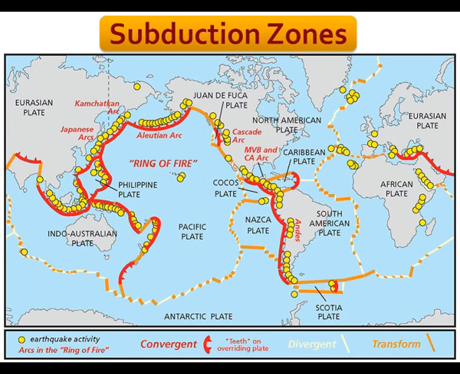The yellow circles indicate the earthquake zones in the world, and the red-colored dentate marks indicate the subduction zones. The Indian plate in fact underwent subduction and collision, and there is the overriding of the plates on one another. That is the reason the formation of the Himalaya was facilitated, and it was raised to high altitude mountains in that particular region.